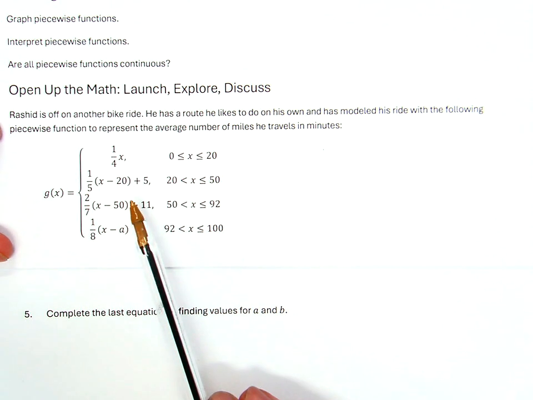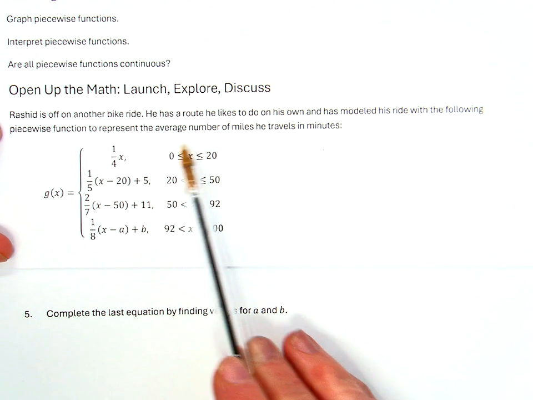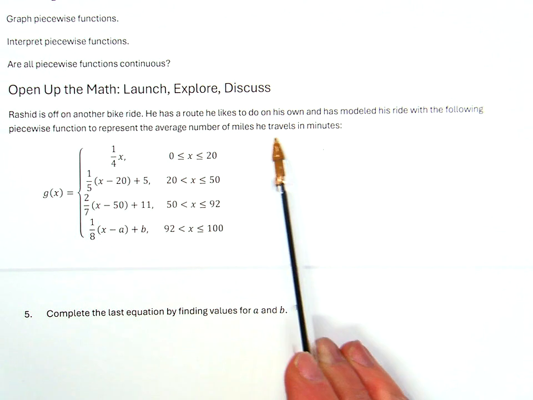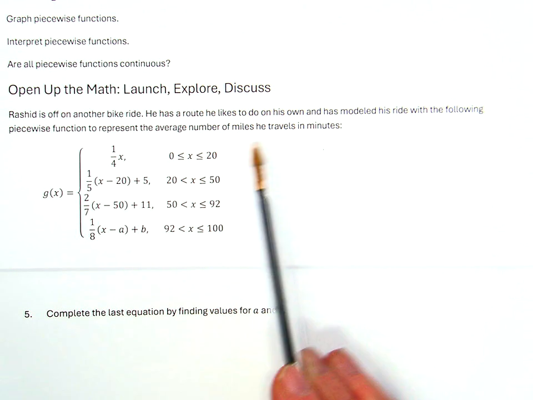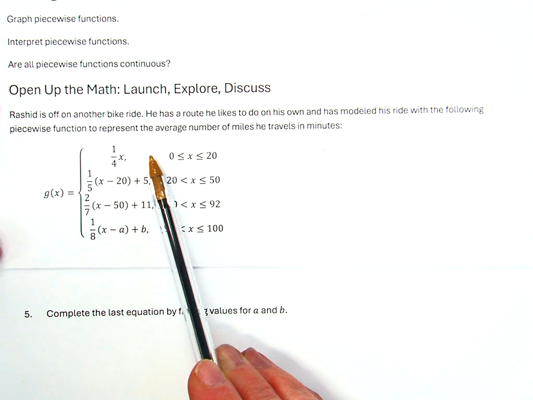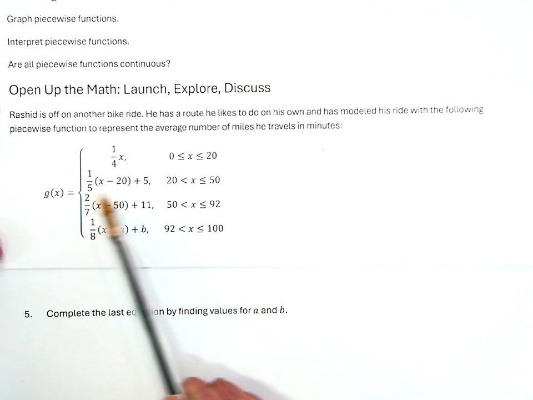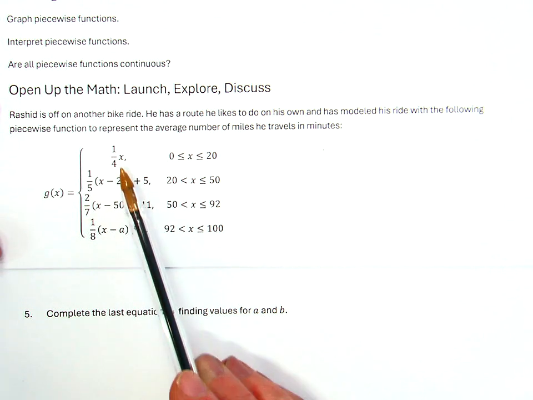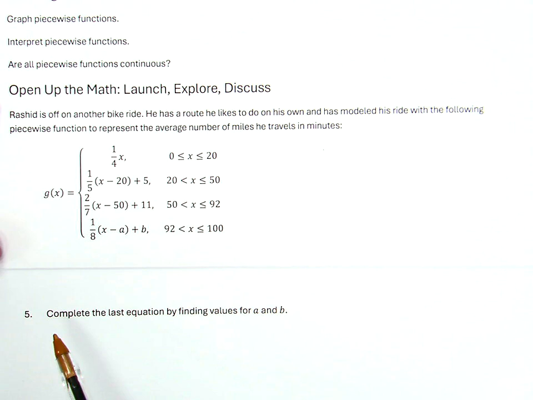Since each of these subfunctions is an overall distance of how far he's biked, this line will move, and this line moves in a different way, but it should connect to the previous line.